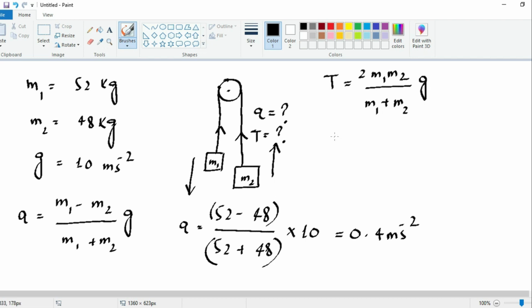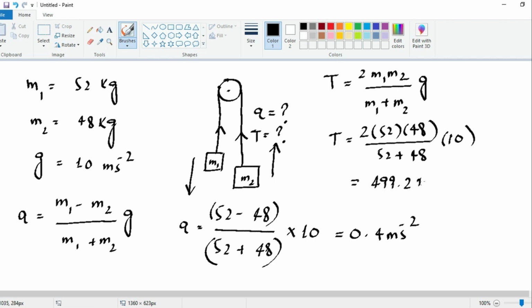Putting the values of m1, m2 and g in this equation, we will get 2 into 52 into 48 divided by (52 plus 48), into 10. The answer is 499.2 Newton. Approximately it is equal to 500 Newton.